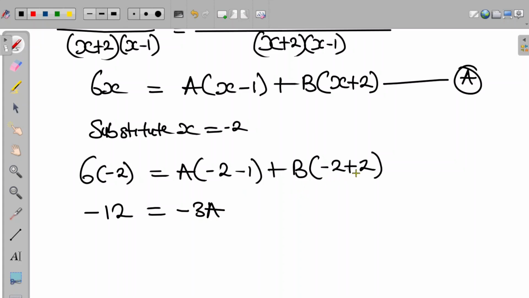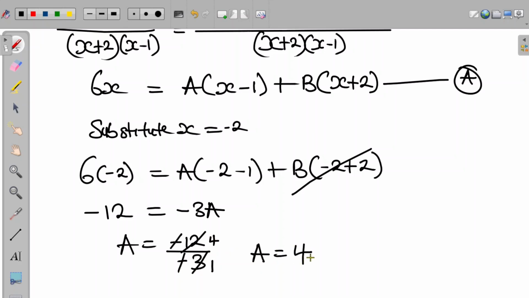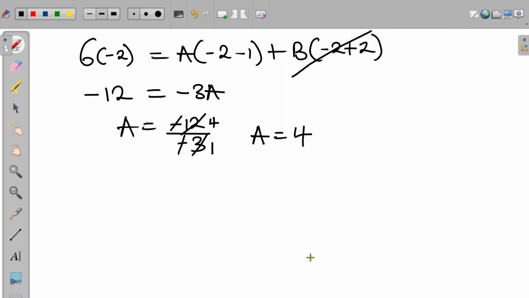Now, -2 plus 2 is 0, and 0 times b is still 0. So we have here that a is equal to -12 divided by -3. So at this point, minus cancels out minus, 3 cancels itself, and 12 divided by 3 is 4. So therefore, a is equal to 4. Thus, we have obtained b to be equal to 2 and a to be equal to 4.